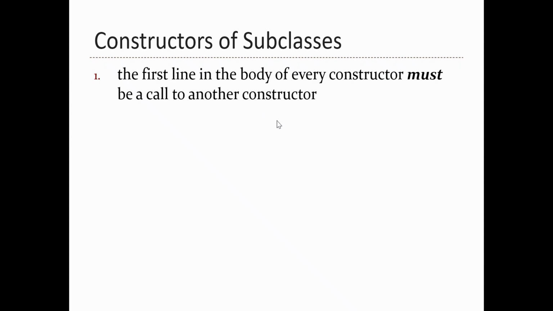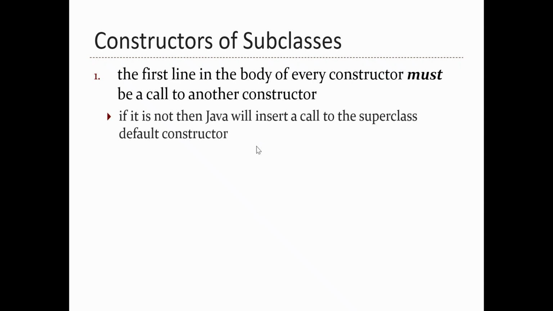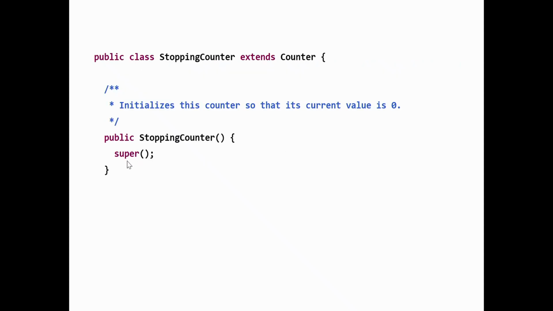So as soon as you write your stopping counter constructor, the first line is supposed to be the call to another constructor of some kind. Now, if it's not, then Java inserts a call to the superclass default or no-argument constructor for you. So if you don't put a call to the superclass constructor or another stopping counter constructor, the compiler automatically inserts that for you.